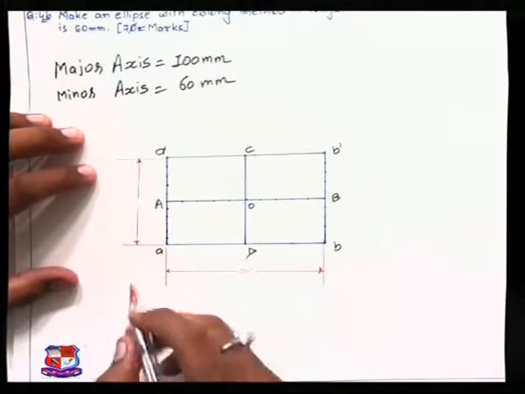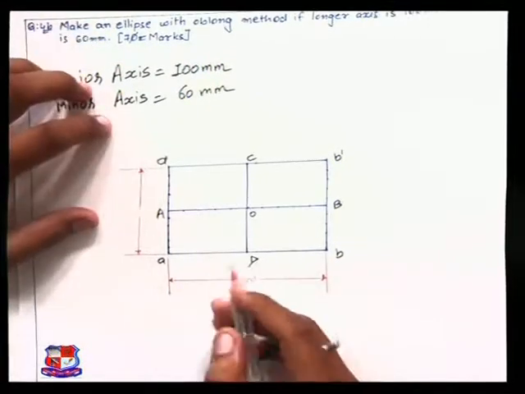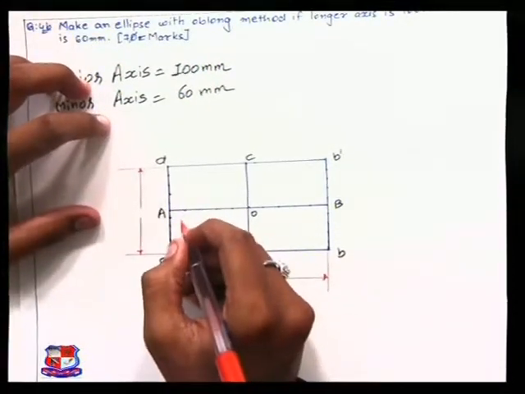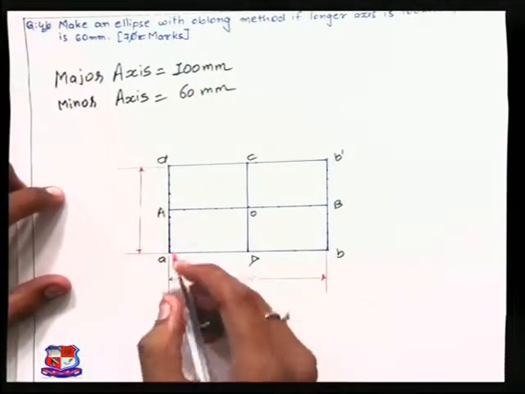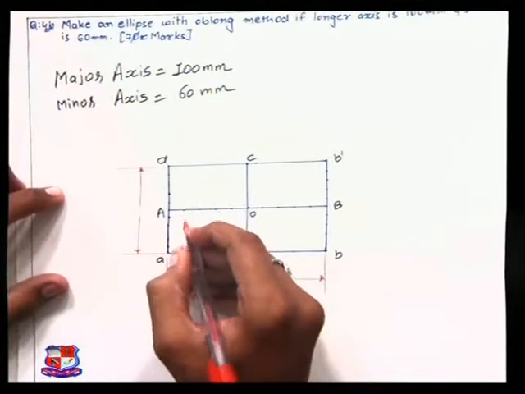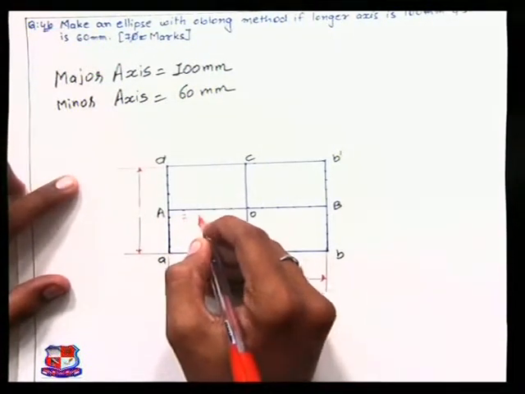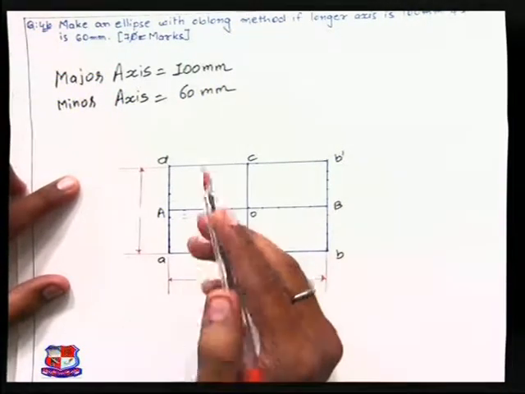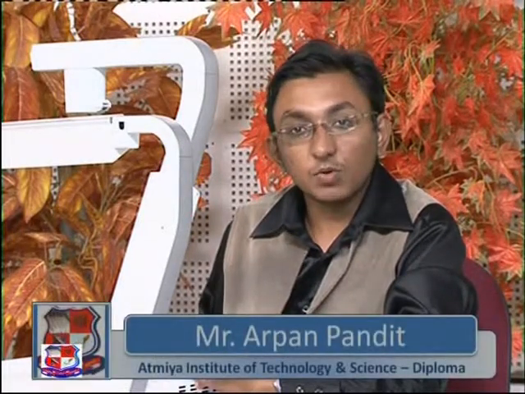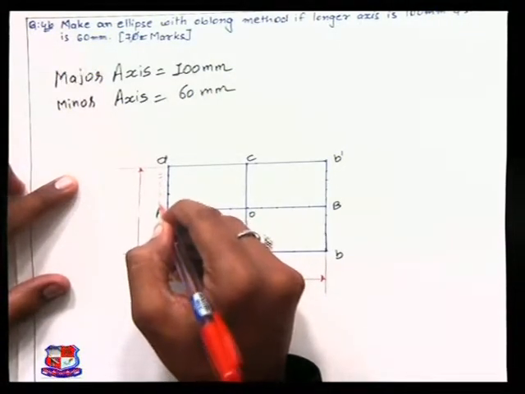Give nomenclature to the points: 1, 2, 3 and 4. Now we shall give the nomenclature over here also, on this line, as 1, 2, 3 and 4.